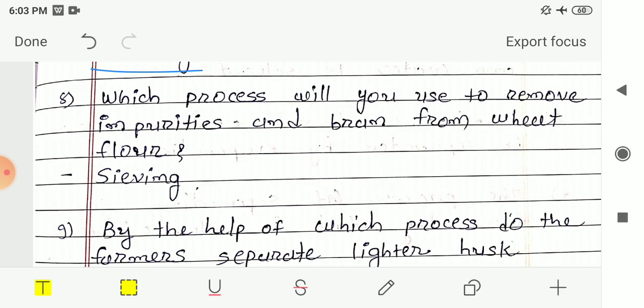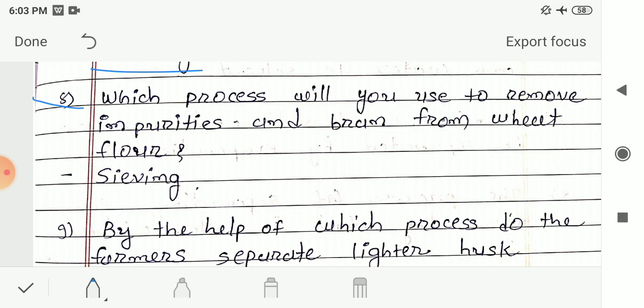Next, eighth number: which process will you use to remove impurities and bran from the wheat flour? This we had already seen: the sieving method, and the tool used for this method is a sieve. So we are using this sieving process to remove impurities and bran from the wheat flour.